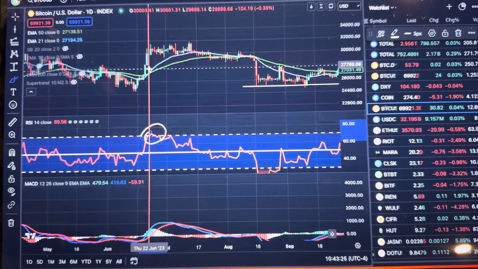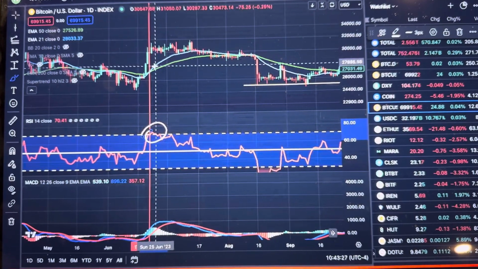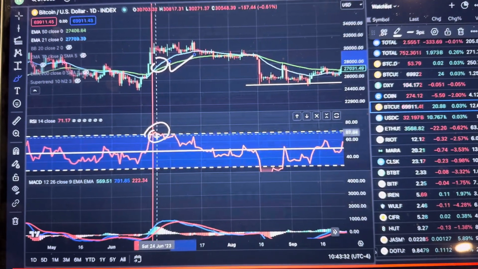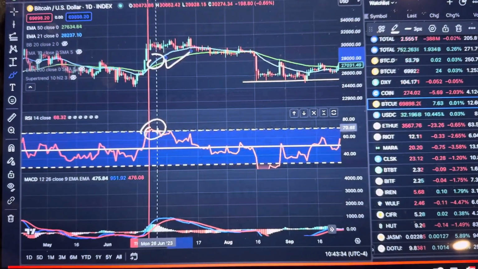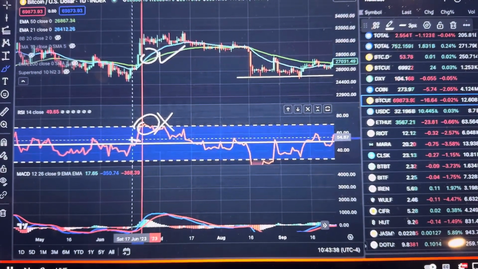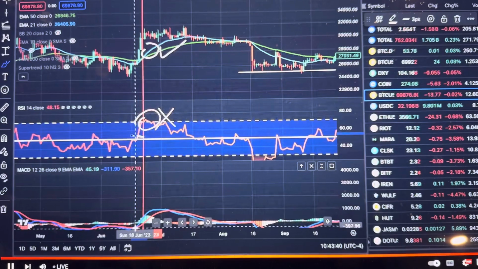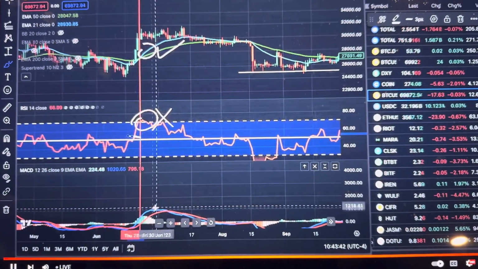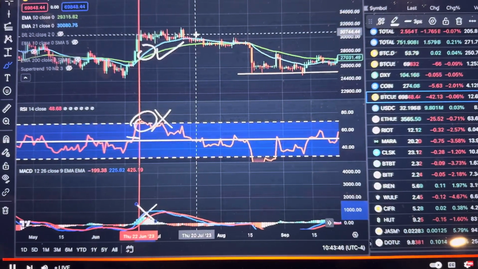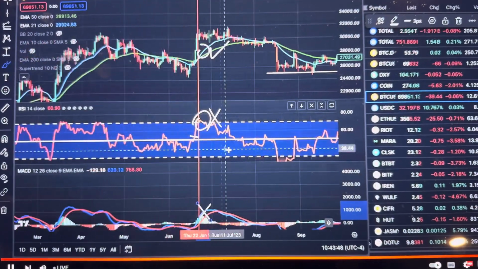All right, so price above your moving average, this one is a check, yes. But the RSI in the 60s, 70s, this is a no, because remember, we want the RSI right back here. All right, your MACD just breaking above the 0 line? This is a no. So you have 2 Xs, you have 1 check. This is not a good trade.